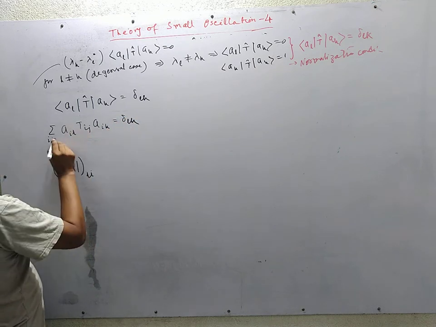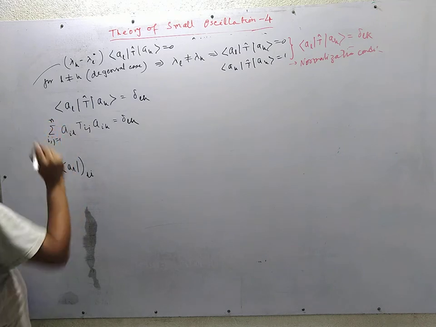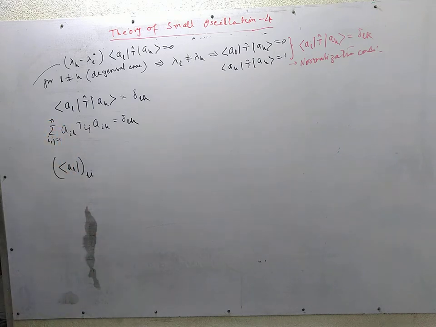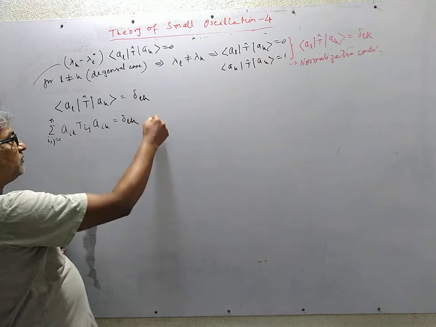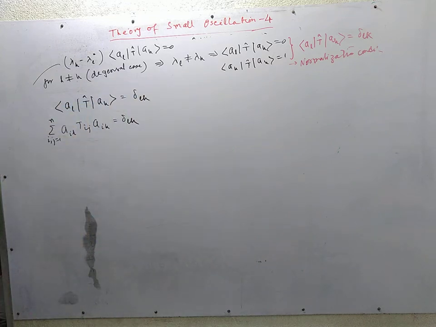This is the relation that you are habituated to looking at in the text. So this is the normalization condition, in matrix form and in component form.